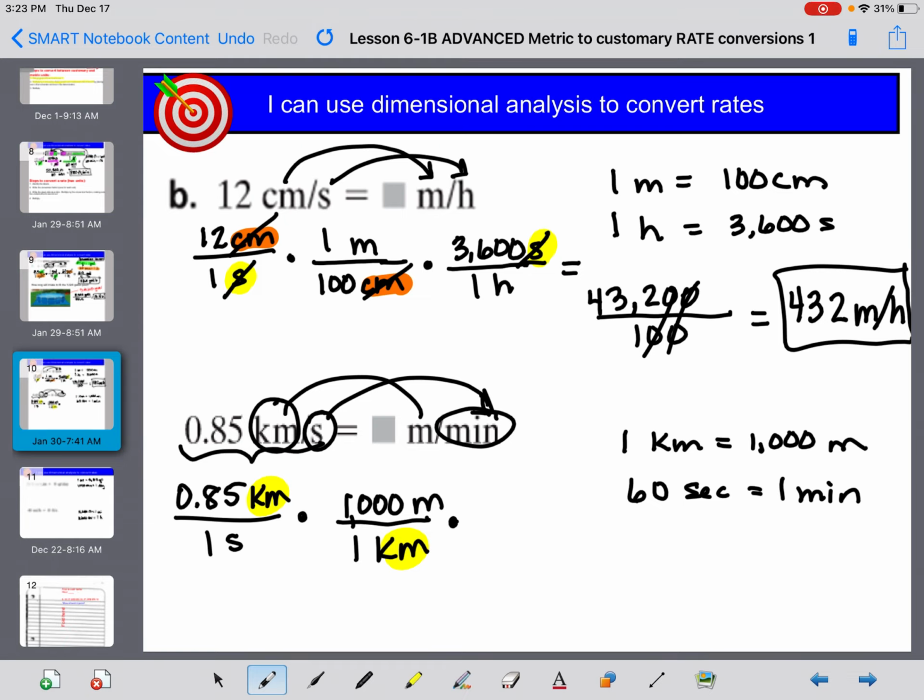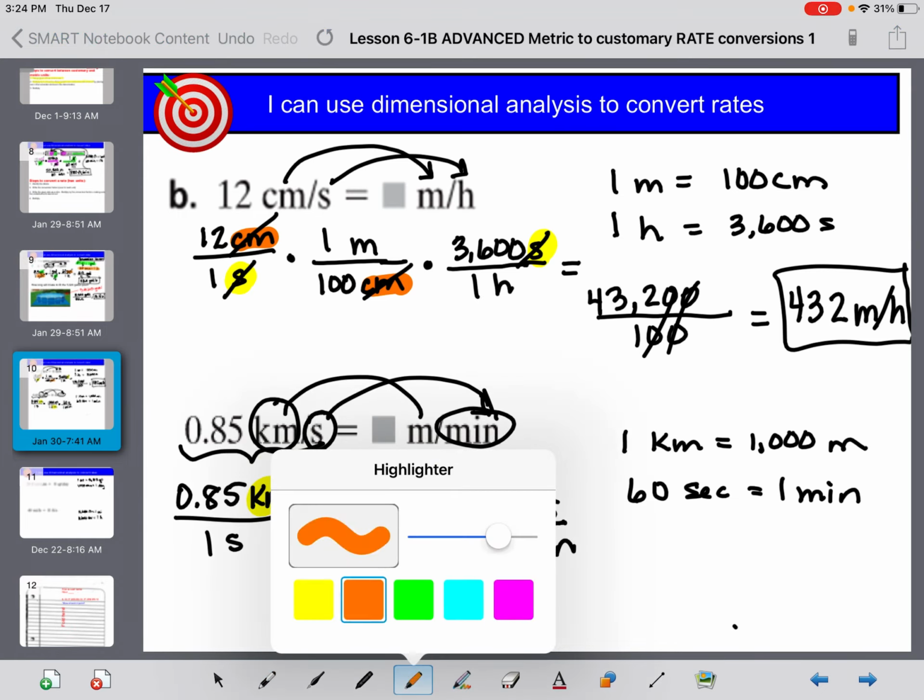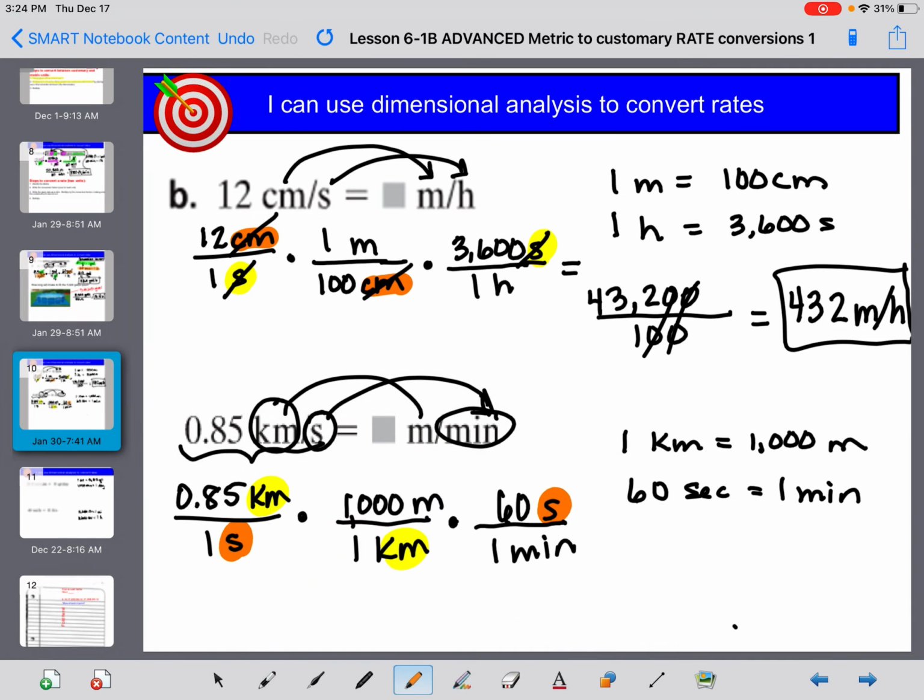And so I'm going to multiply by another ratio. 60 seconds is 1 minute. Notice again, I placed this intentionally so that seconds was in the numerator and in the denominator. Now they cancel off. And I'm ready to multiply across. And you get 51,000 meters per minute.